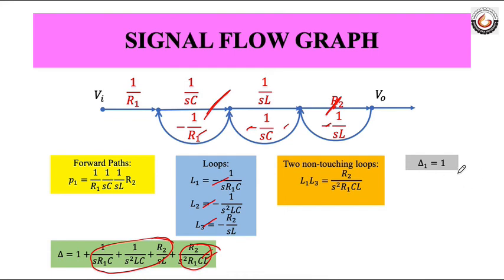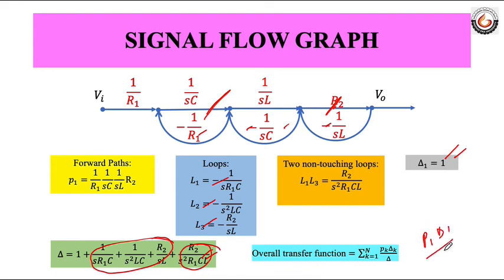Now I am having one forward path, so delta 1 is equal to 1 because all 3 loops are touching my forward path. You can go from here to here, every loop is touched, so delta 1 is 1. So the overall function is simply P1 delta 1 by delta, which is P1 divided by this whole expression. Just simplify it and find the overall transfer function.